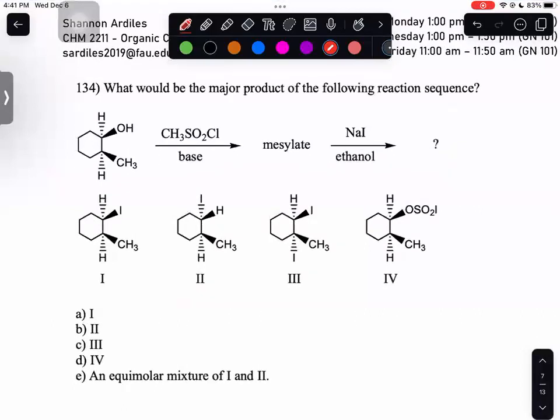This one. Little multi-step synthesis. Which one did we say? Molecule two, does everyone agree?